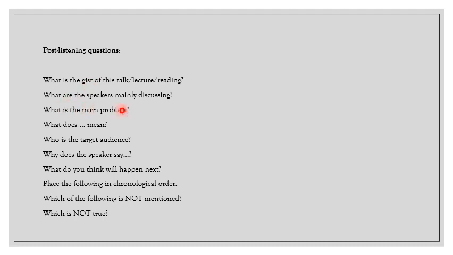What are the speakers mainly discussing? This is also a very common question, similar to the gist question. What is the main problem? Again, this is similar to the gist question. What does gap mean? Same way.